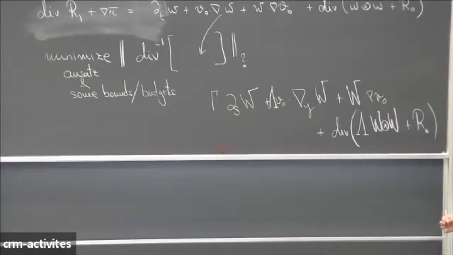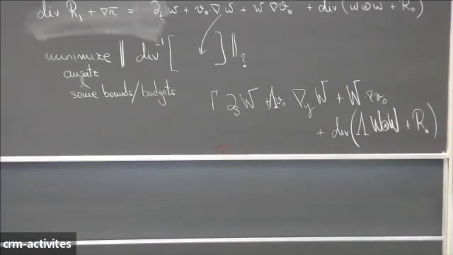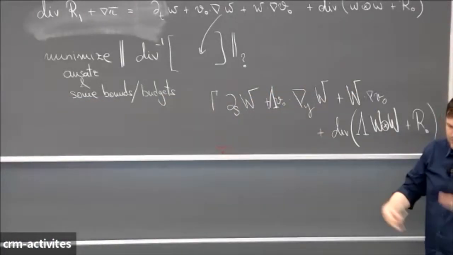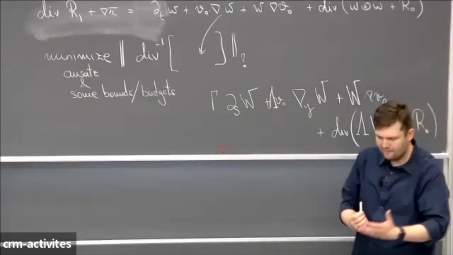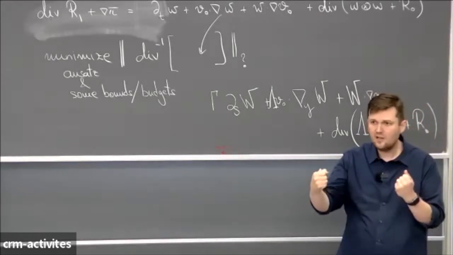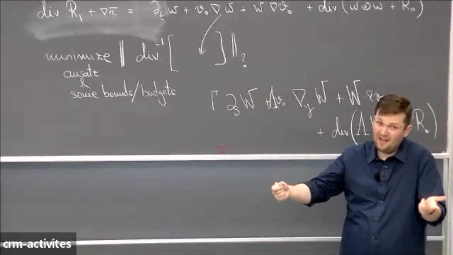Remember that this function bold W, capital W, has a fast dependence with respect to space, right? If you look at all these terms, let's use this notion that if you have an object which is fast multiplied by an object which is slow, of course it's going to modulate the fast object, but it's still a fast object.